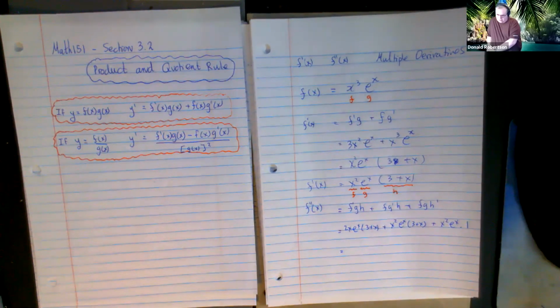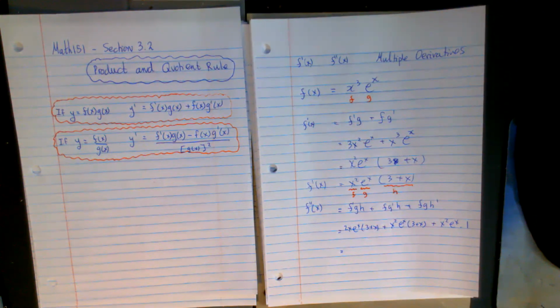Okay, let's do common factors. What are the common factors in this expression that we can pull out of all three terms? What are the common factors we could use? X and e to the x. Agreed.